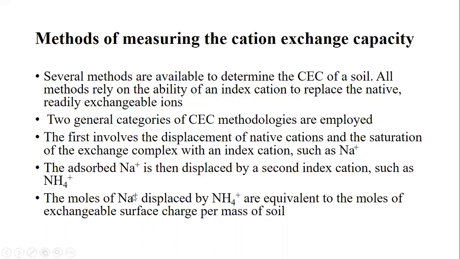The moles of sodium displaced by ammonium are equivalent to the moles of exchangeable surface charge per mass of soil. If you saturate the exchangeable sites with sodium, it occupies all the negative charges that are there. Then you remove this sodium, collect it, and measure it. That is a measure of the exchangeable cation capacity, or the exchangeable sites, of the soil colloids.